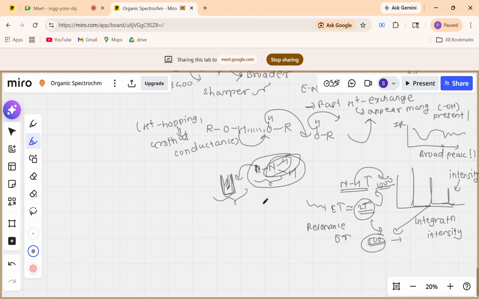So in the overall constituent present in your chemical structure, how much that particular bond's stretching frequency is contributing determines the intensity ratio you will get.